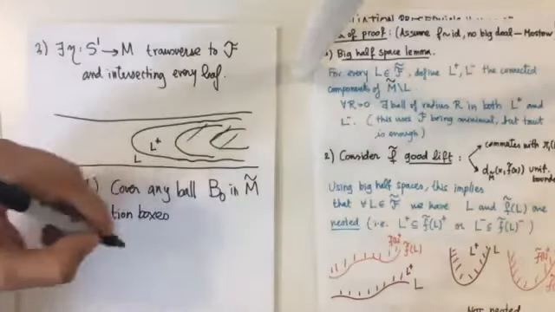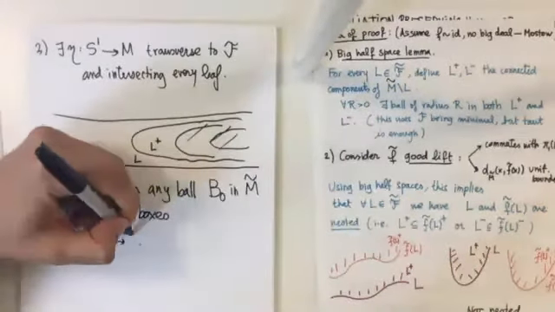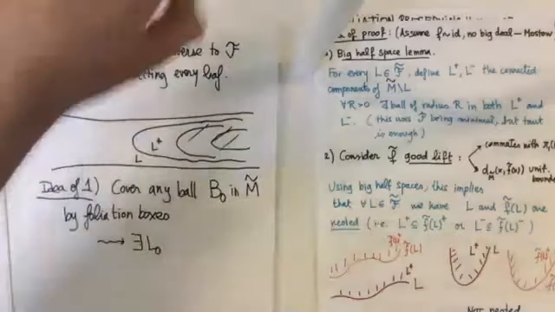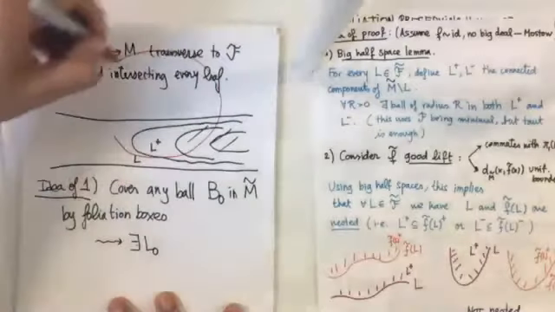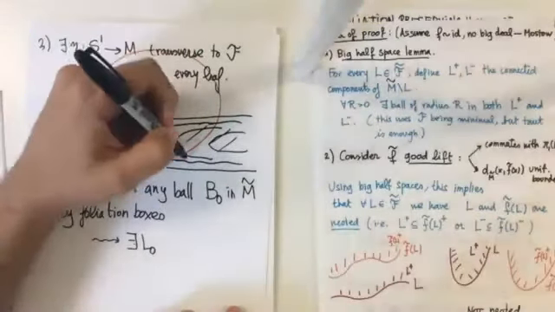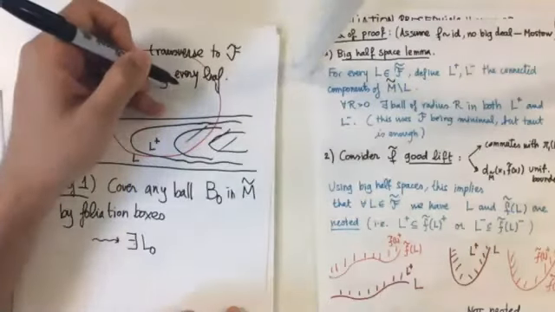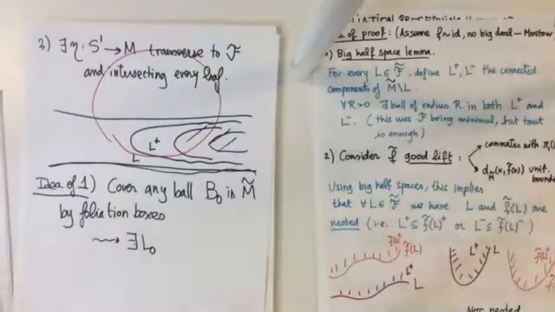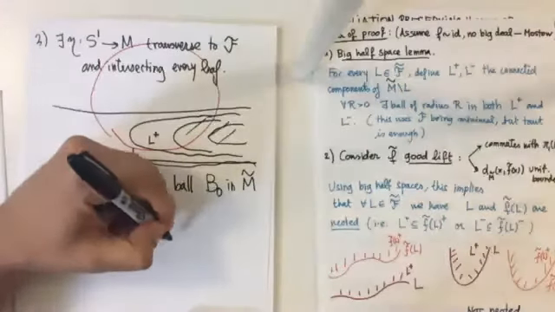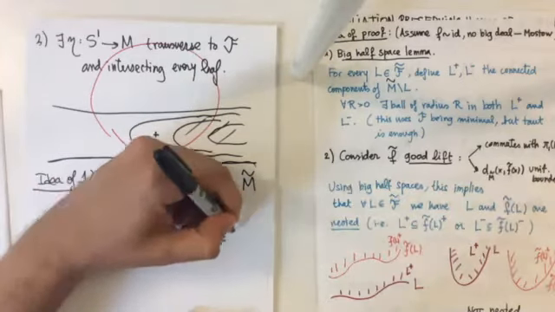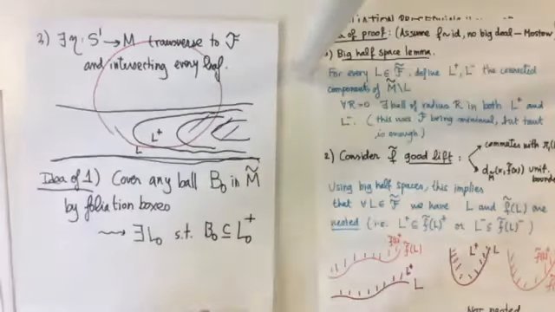And you will find at least one leaf L0. So if the ball were something like this, then of course these leaves over here won't leave the ball in this region, but this leaf here will. So essentially that's what I'm trying to say. There exists a leaf L0 such that B0 is contained in L0 plus.